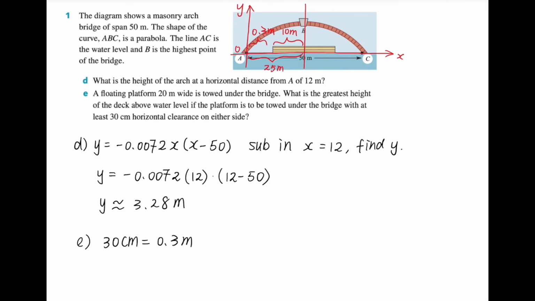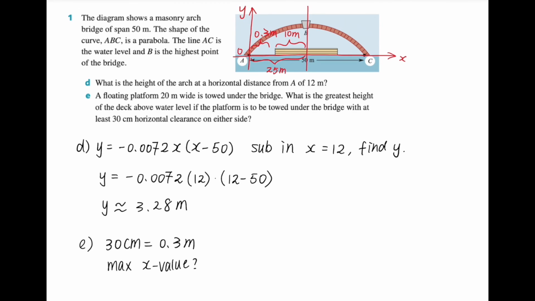Taking into account the length of the platform, the width of the bridge, and the clearance, what's the maximum x value we can take that will enable us to tow the platform? So the maximum x value is equal to 25 take away 0.3 take away 10, which is 14.7 meters.